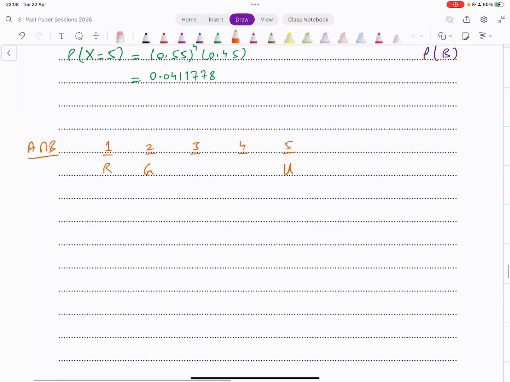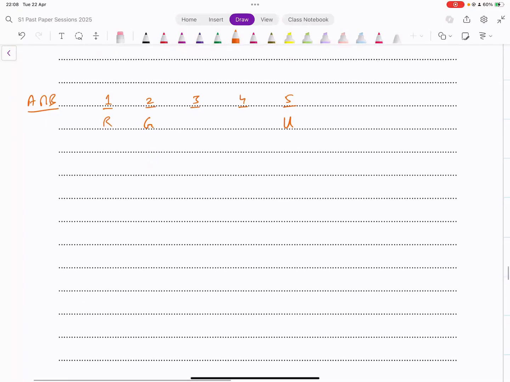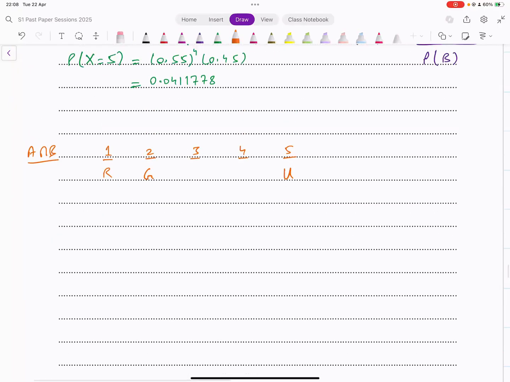What are the possible cases for the third and the fourth chocolate now? Since the fifth one is the first unwrapped one, these 2 can either be red or gold. These are the only possibilities, right? So one possibility is that they're both red.